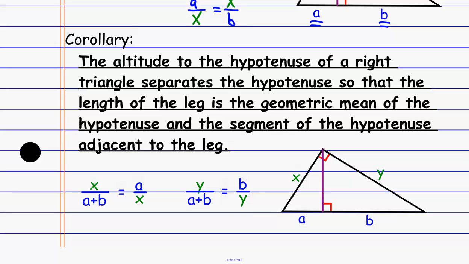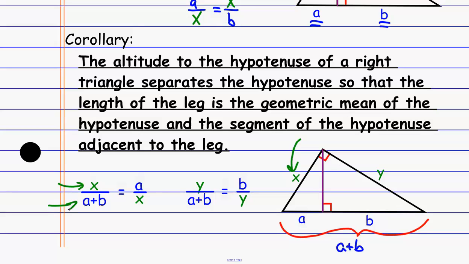I drop that altitude like I always have, and it splits the hypotenuse into two pieces. The entire hypotenuse would be represented by a plus b. And when I look at the legs of the original triangle, that's x and y here. If I use x, that leg is going to be my geometric mean. So it's x over the hypotenuse, that's a plus b.